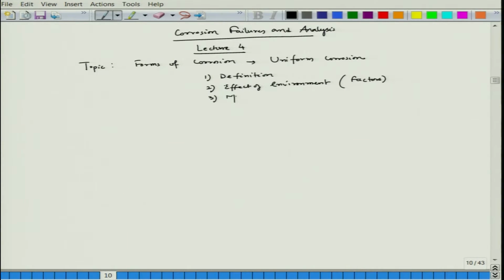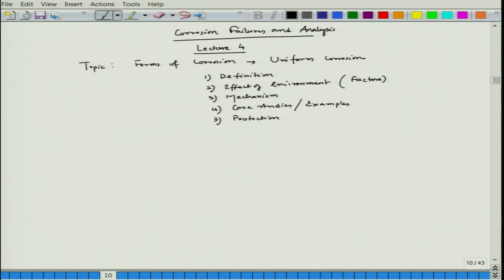Third is mechanism, fourth is case studies or examples, and fifth is we will talk about protection. Fine.